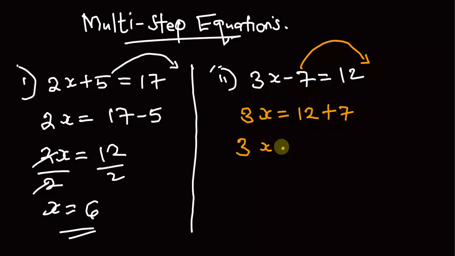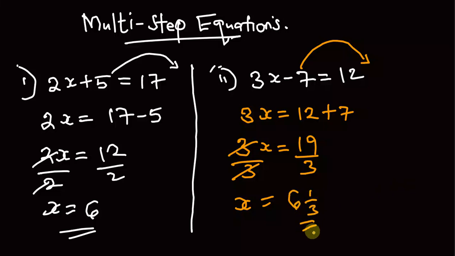So we will have 3x is equal to 12 plus 7, which is 19. To get the value of x, we divide both sides by 3. After simplifying, we have 19 divided by 3, which is 6 and a third. That is the value of x.